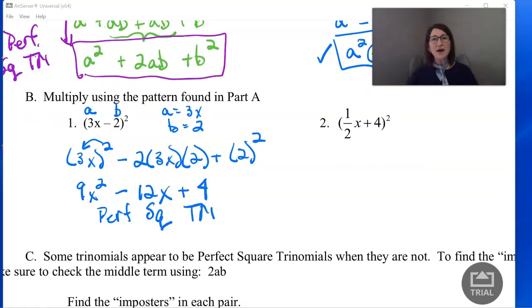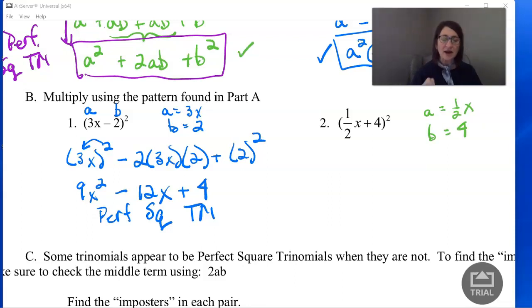Okay, now let's do number 2. Number 2 is a fraction. Most people look at that and they're like, no, thank you. And yet it's not hard, okay? So our a is going to be 1/2 x. Our b is 4.